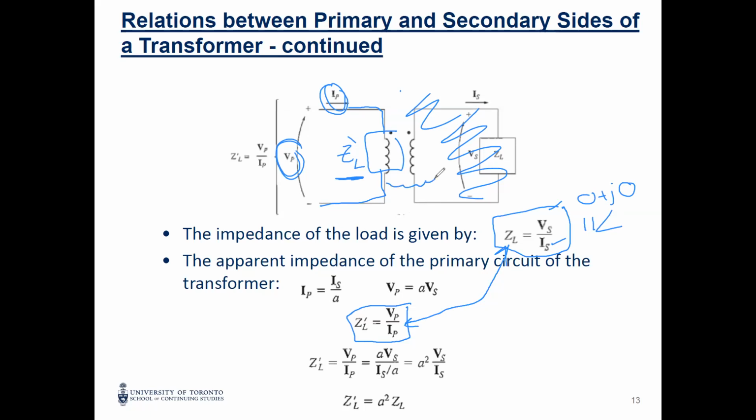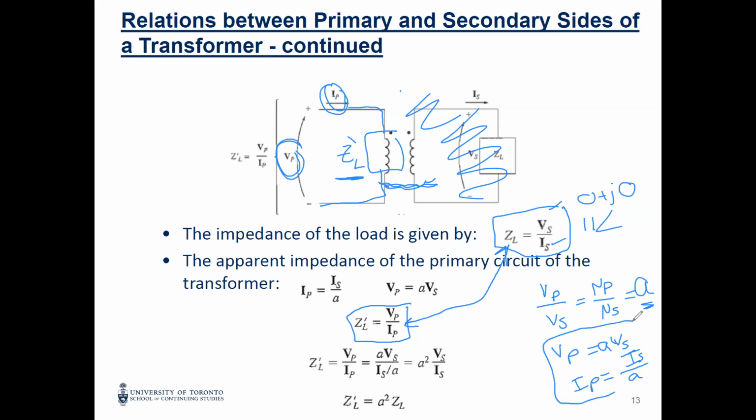I can use the relationships that we used for the ideal transformer: NP over NS equals something called the turns ratio A. So I can say VP equals VS times A, or A VS. And similarly, the current IP equals IS over A. The current relationship is reversed relative to the voltage.